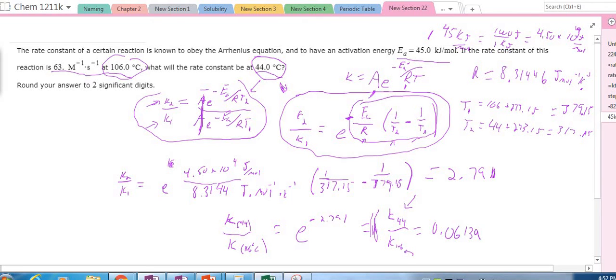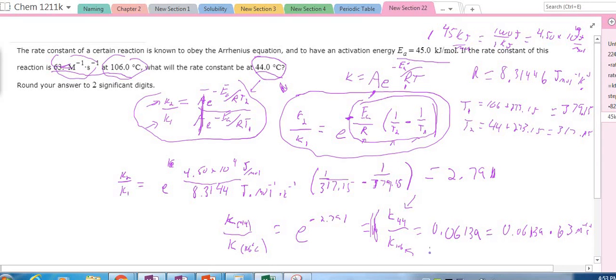I do know this K of 106 is given to me up here at this 63 inverse molar inverse seconds. And so now it's just a matter of rearranging. So that is going to then equal 0.06139 times, I'm just going to grab this number right up here, times 63, and it's going to be inverse molar, I have to write small, inverse seconds.